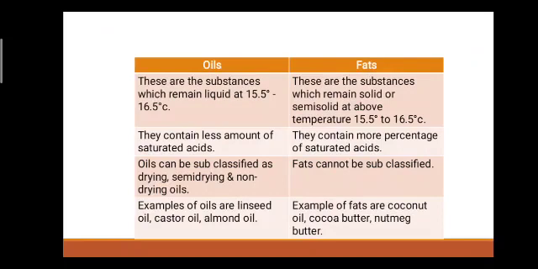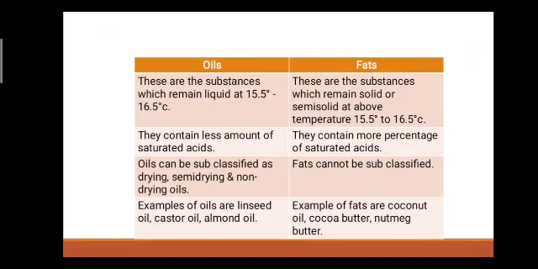Then next point, difference between oils and fats. First point, oils are the substances which remain liquid at 15.5 to 16.5 degrees Celsius, and fats are the substances which remain solid or semi-solid above temperature 15.5 to 16.5 degrees Celsius. Second point, oils contain less amount of saturated acids and fats contain more percentage of saturated acids.